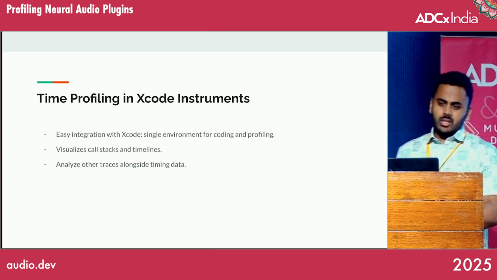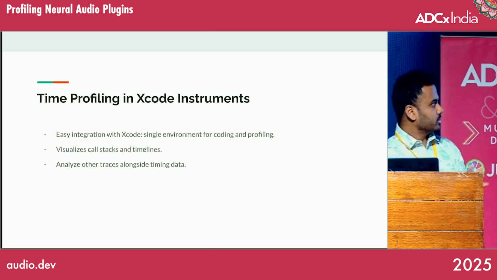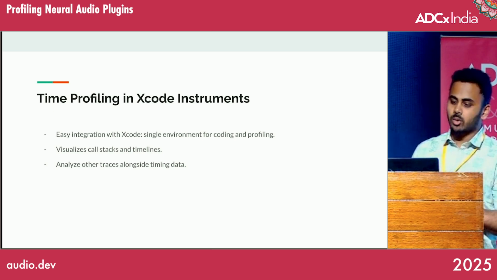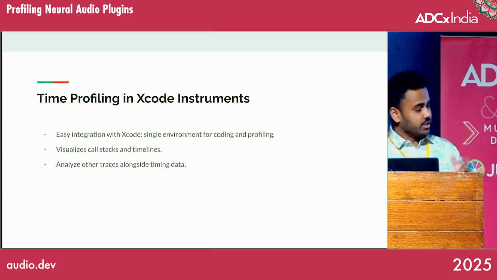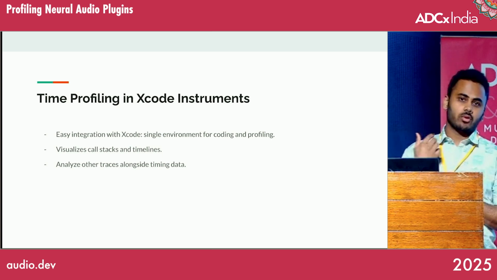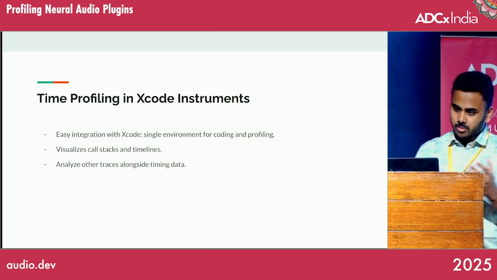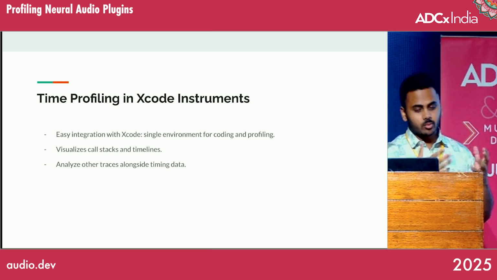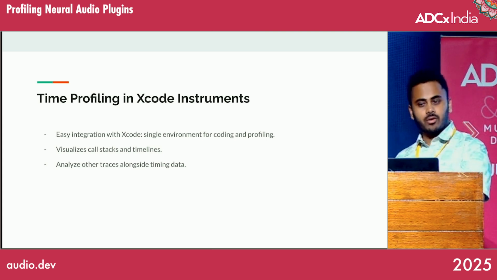Since I pretty much use Mac, the profiling tool I use is Xcode Instruments, sorry. You do have other types of profiling tools available for Windows and Linux. The advantage with Instruments is that it's well integrated with Xcode, so you could develop and at the same time profile as you go along.